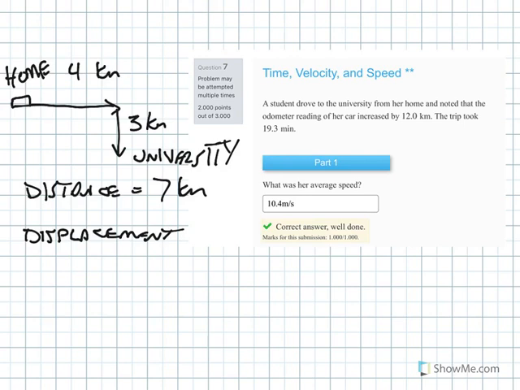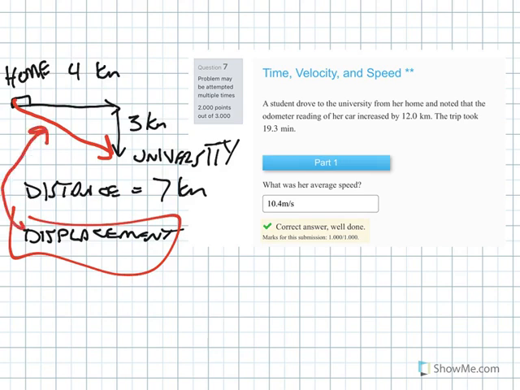Your displacement is the distance between where you stopped and where you started. So your displacement is this distance right here, okay? That's not 7 kilometers. It is, according to the Pythagorean theorem, a squared plus b squared equals c squared, 5 kilometers.